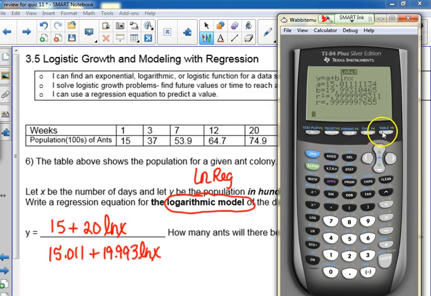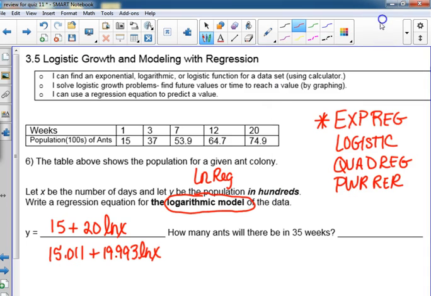What am I putting in, a 35? I want to see the table. You get 86.094 or something?